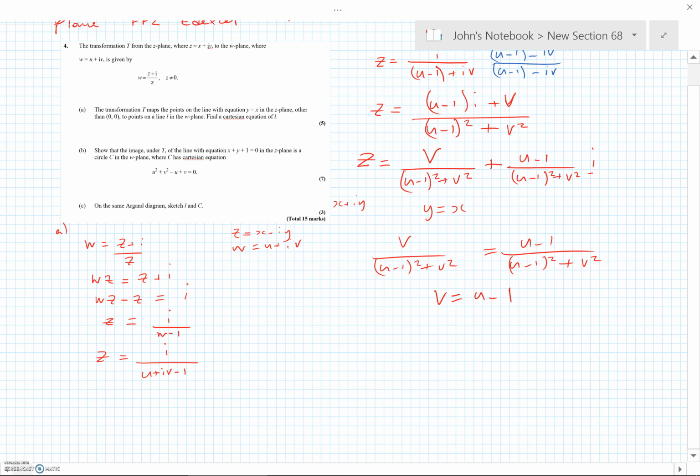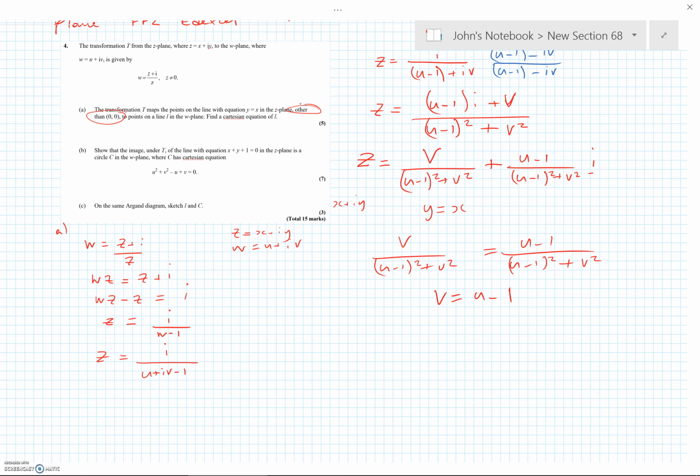It has said, other than 0, 0. I haven't looked at the scheme, I think they do it a different way anyway. I don't think for FP2 we really need to bother with that, but I would do just in case.